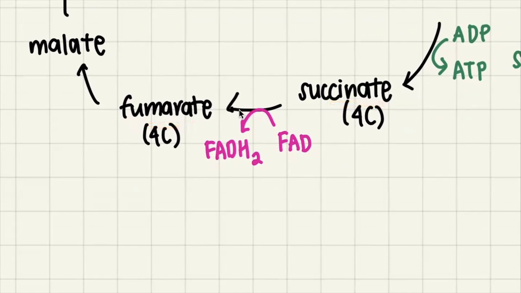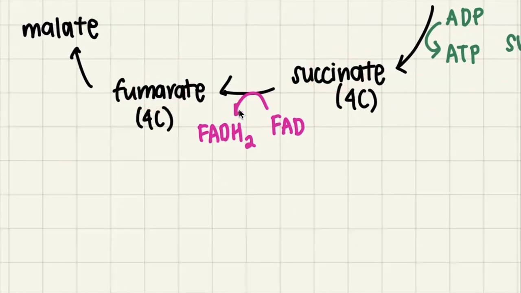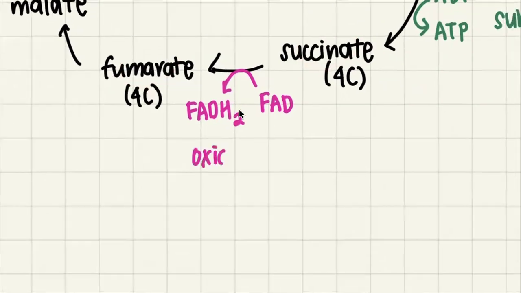So I repeat, the reduction of FAD to FADH2 occurs between succinate and fumarate. Over here, the oxidation reaction, or dehydrogenation of succinate, occurs.